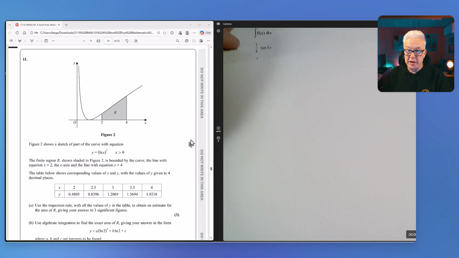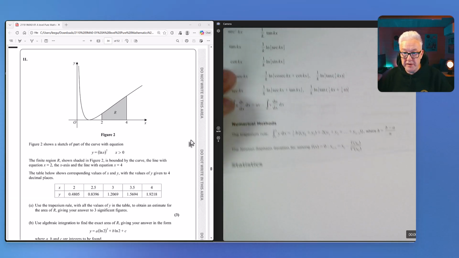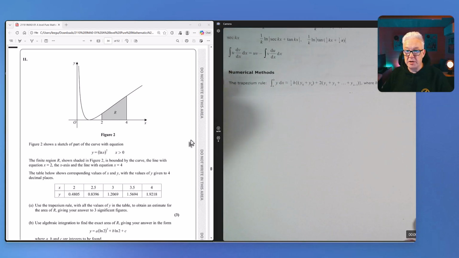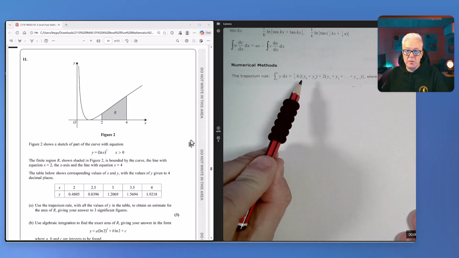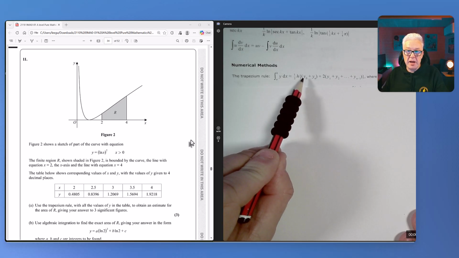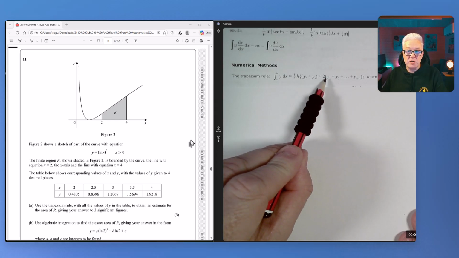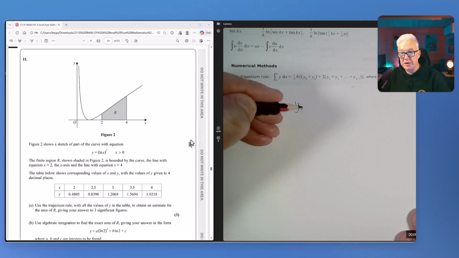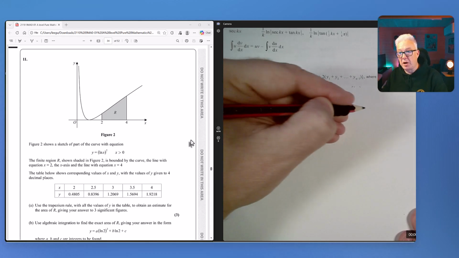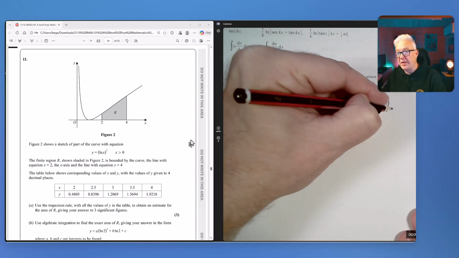Okay, well this is really nice because we're given the trapezium rule in the formula booklet. Now there are two different versions of the trapezium rule. You've either got one version where you have the first value and the last value and then twice all the ones in the middle, or sometimes you see it written with the first value plus 2 times all the ones in the middle and then the last value.